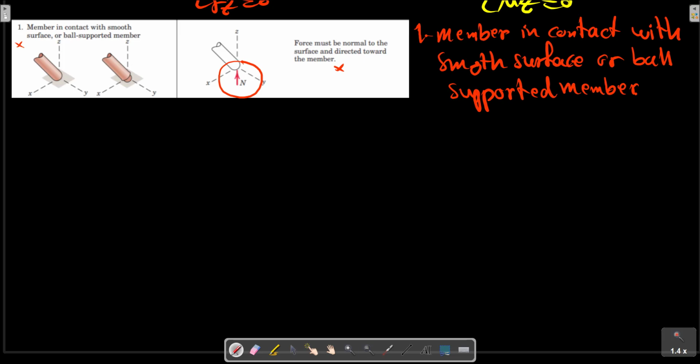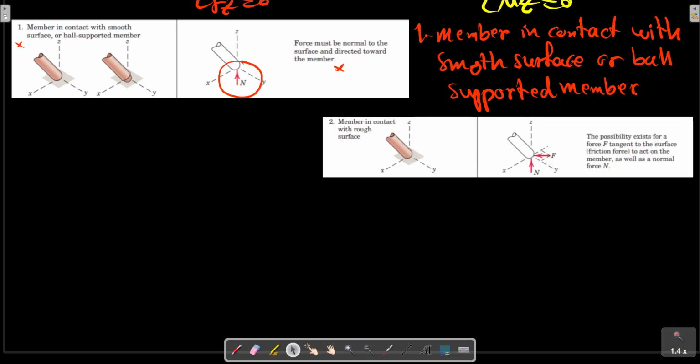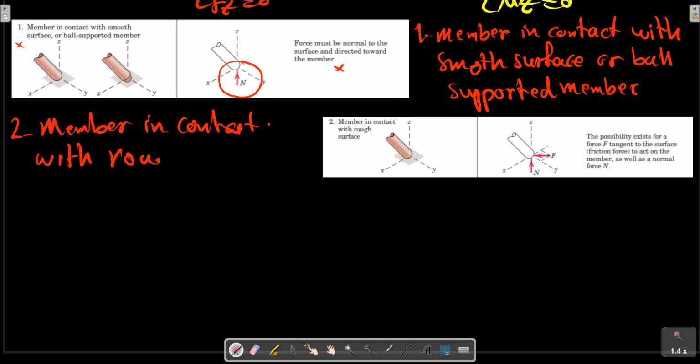The second example is a member in contact with a rough surface.